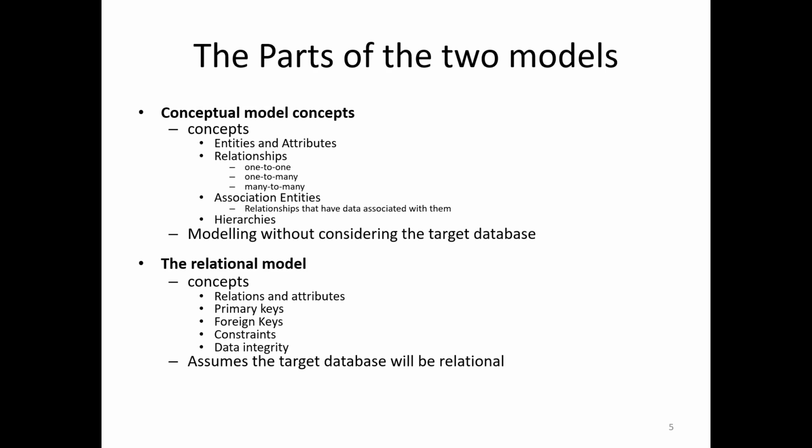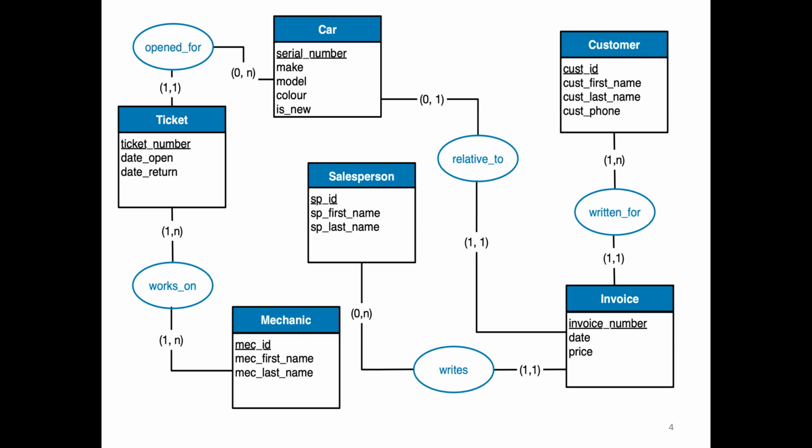While conceptual data modeling deals with the entities and the relationships between these entities, the relational data model primarily focuses upon primary keys and foreign keys. Each customer ID will have the customer name, and each salesperson can have an invoice ID, a customer ID, something like that.